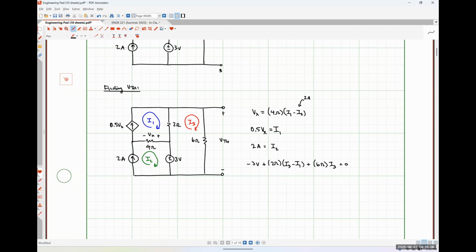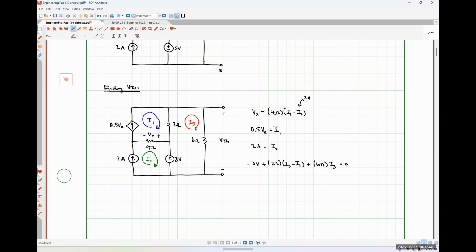In my first equation, which is my Vx equation I have written at the top, my coefficient for I1 is going to be positive 4. My coefficient for I3 is going to be 0. And my coefficient for Vx is going to be negative 1 when I move that over to the right-hand side of the equal sign. My constant term is going to be 4 ohms times 2 amps is 8 volts when I move that over to the left-hand side of the equal sign.